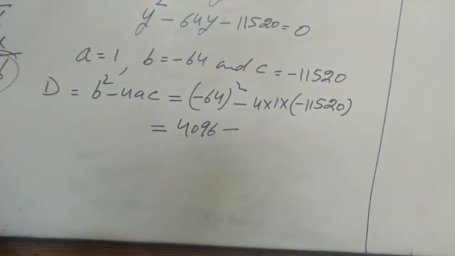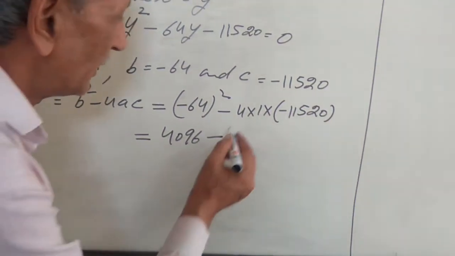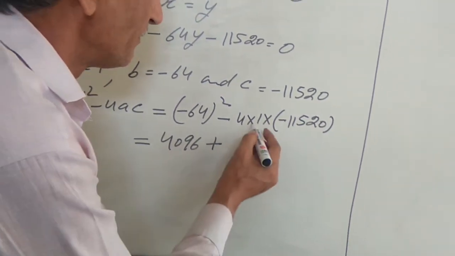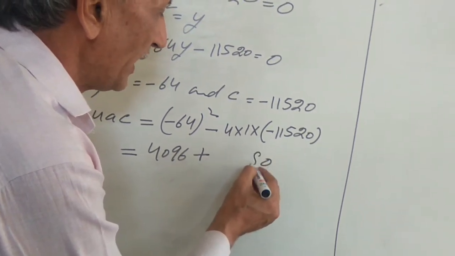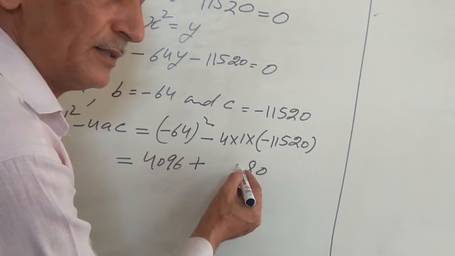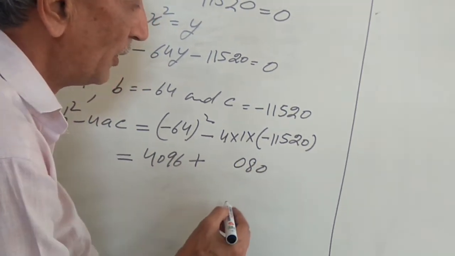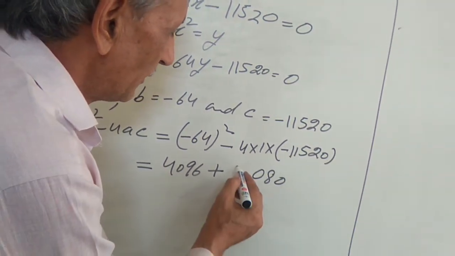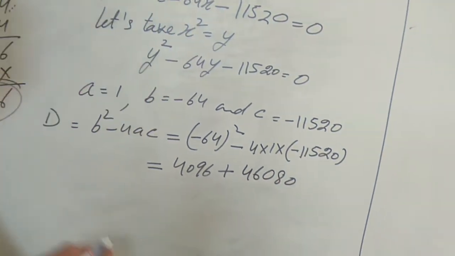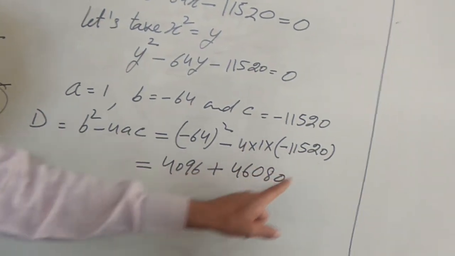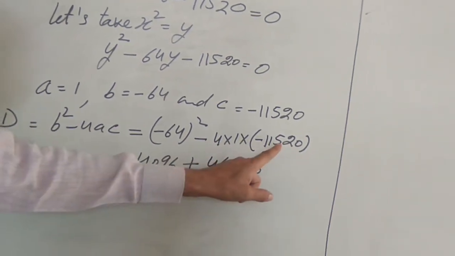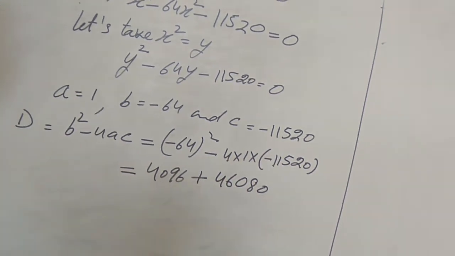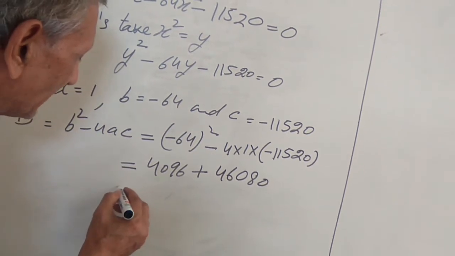4096 minus, multiply this with this. Both the negative signs when multiplied become positive. 4 times 11,520 gives 46,080.